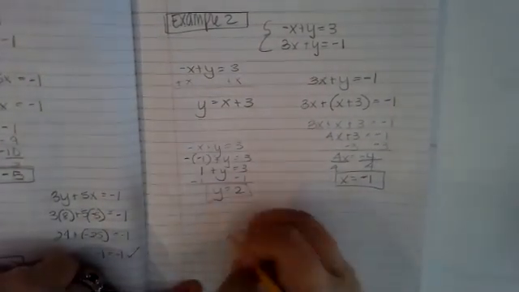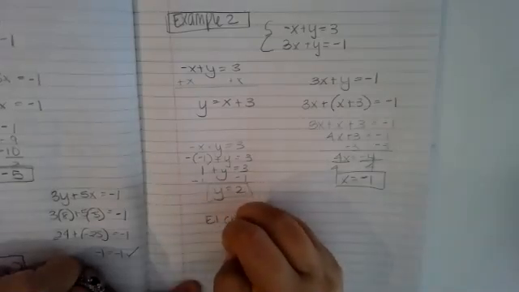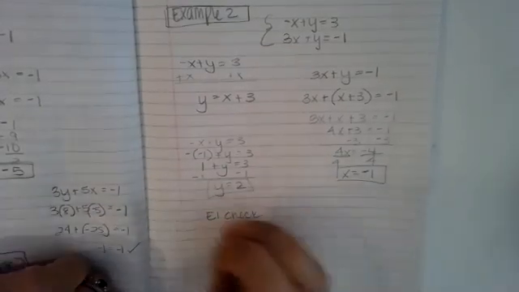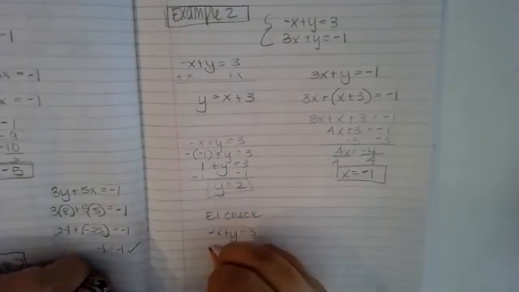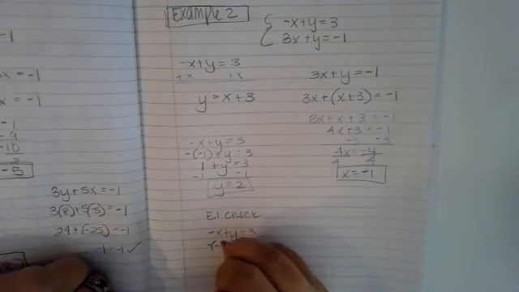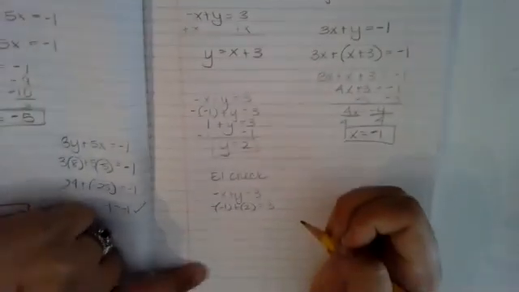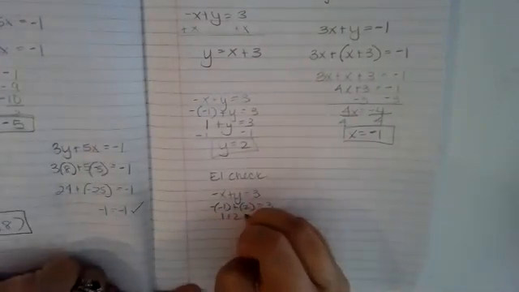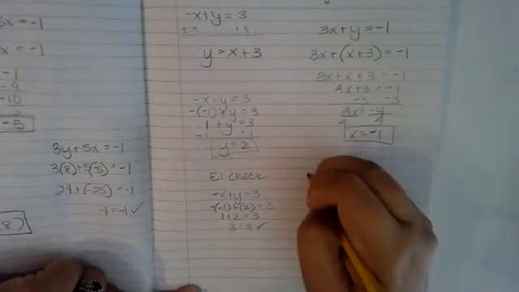So equation 1 check. I have negative x plus y equals 3. This is negative negative 1 plus 2 equals 3. This is 1 plus 2 equals 3. 3 equals 3. That works out.